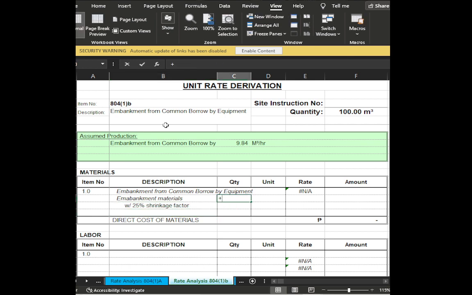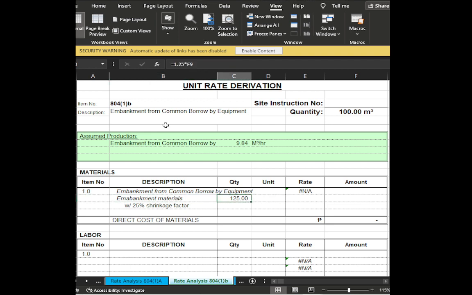So our quantity is 125% of the quantity, 1.25 times the quantity. So we have 125 cubic meters for this one.